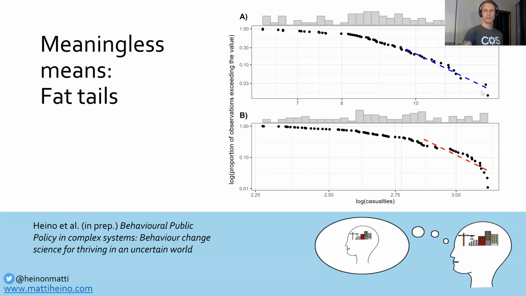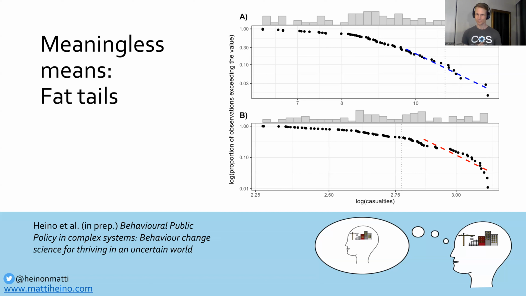And this gives us an indication of what kinds of observations we should expect. So what kinds of extremes should we expect? In the case of traffic deaths, the extreme events that we can expect are likely to be very much like the previous extreme events, so there's almost like a gravity that pulls them towards the average.